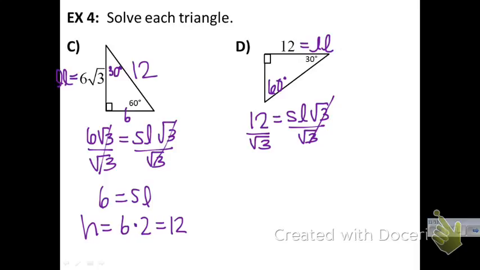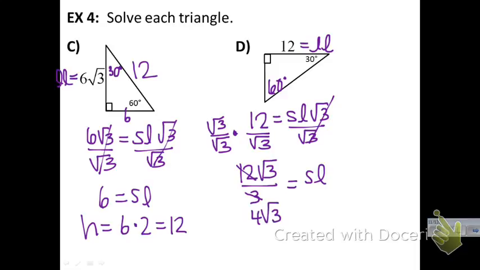We know that we cannot have a radical in the denominator, so we multiply by root 3, top and bottom. That gives us 12 root 3 over root 3 times root 3, which is just 3. And then we can simplify this. 3 goes into 12 4 times. So our short leg is 4 root 3.